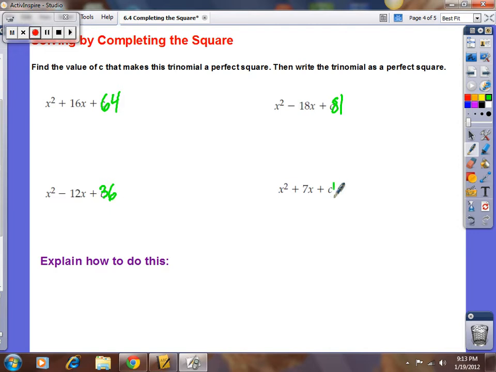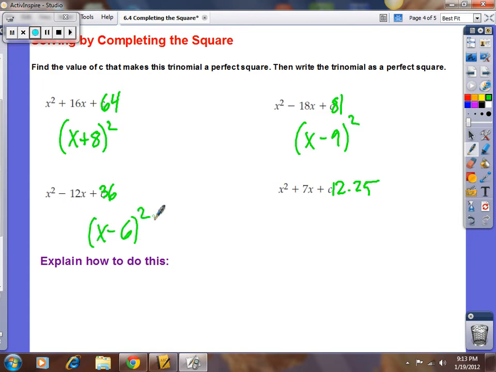It's going to be 12 and a quarter, 12.25. And then if you rewrite them as a perfect square, it's going to be x plus 8 squared, x minus 9 squared, x minus 6 squared, x plus 3.5 squared.